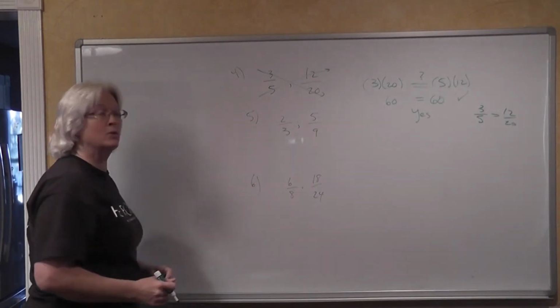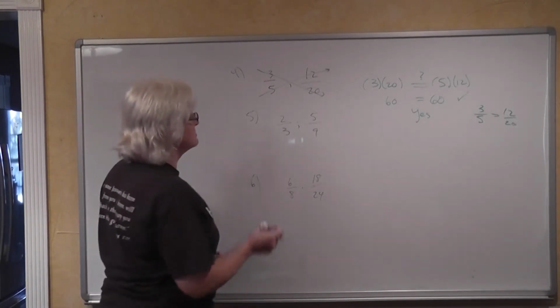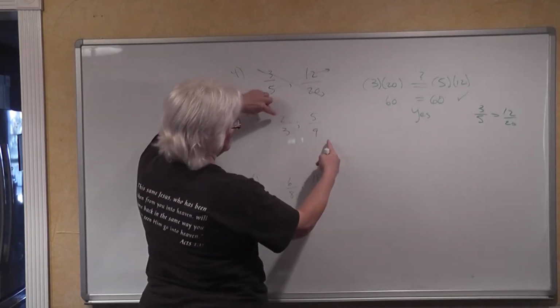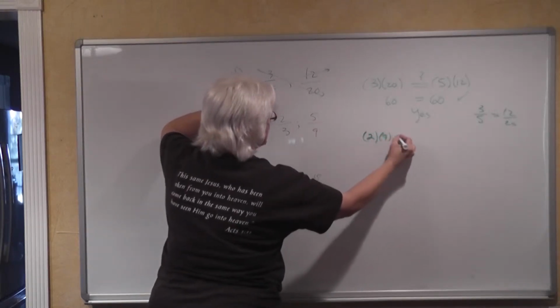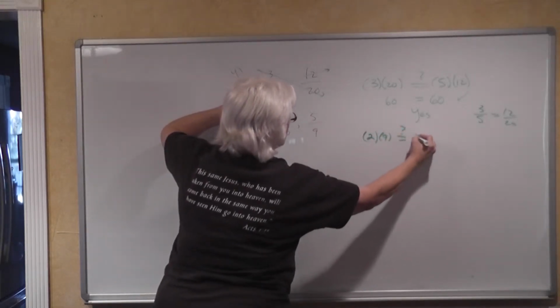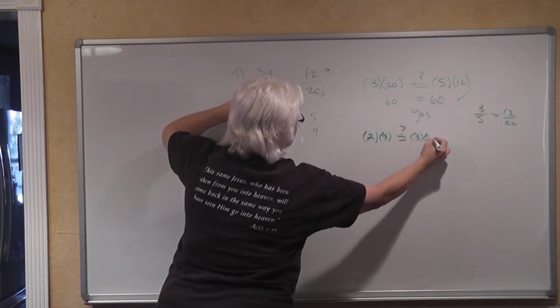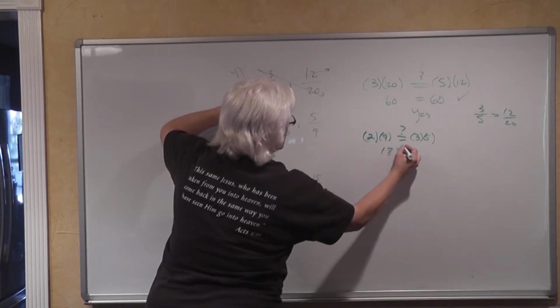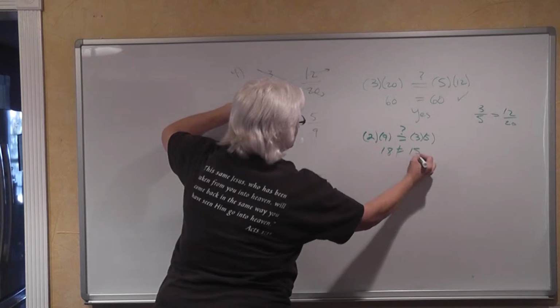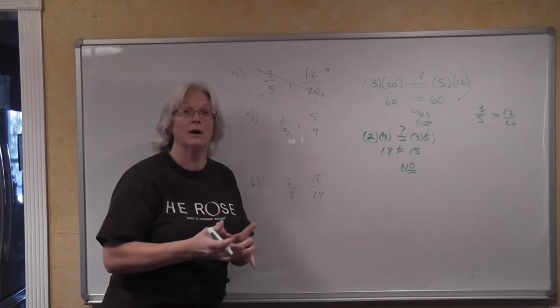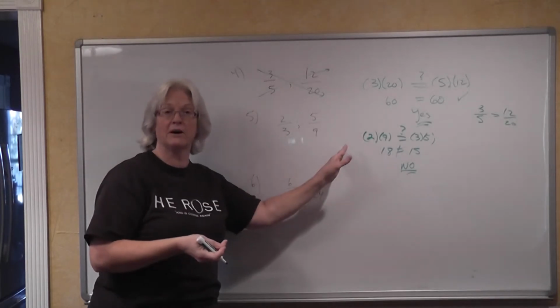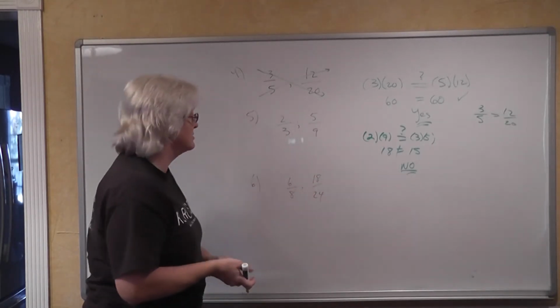Now we want to see if 2/3 and 5/9 are equivalent. We're going to have 2 times 9, and we're going to see, is that the same as, or is that equal to 3 times 5? Nope. 18 is not equal to 15, so we would say that no, 2/3 and 5/9 are not equivalent fractions.